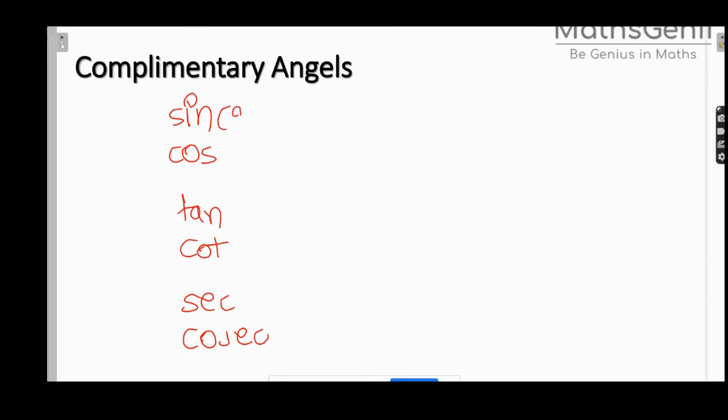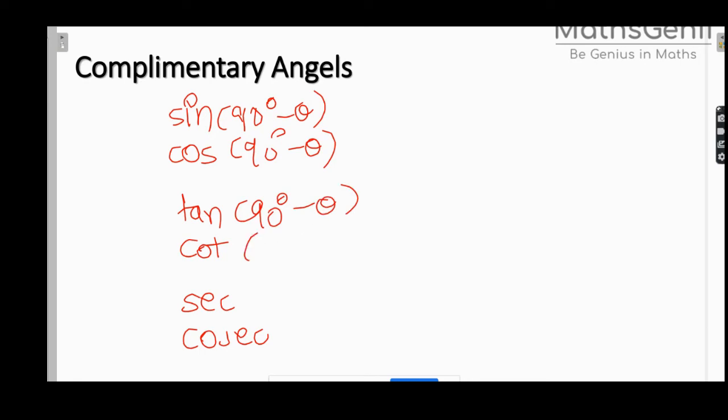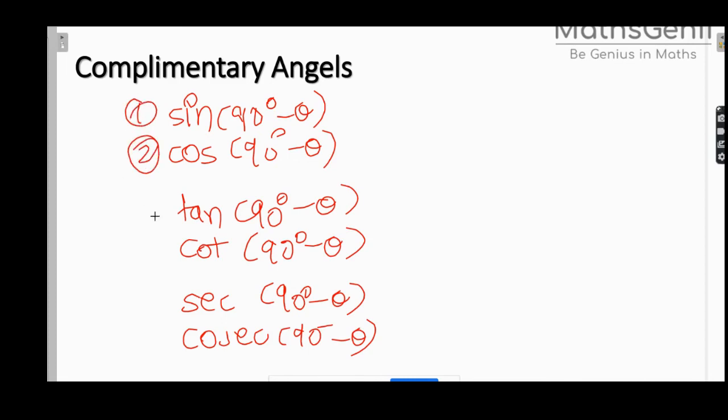Everywhere write 90 degree minus theta. Everywhere write the same thing. These are 6 formulae: 1, 2, 3, 4, 5, 6. Remember the sequence: sine, cos, tan, cot, sec, cosec.